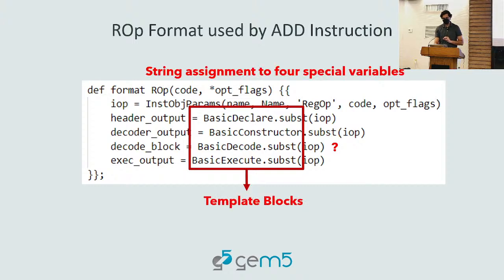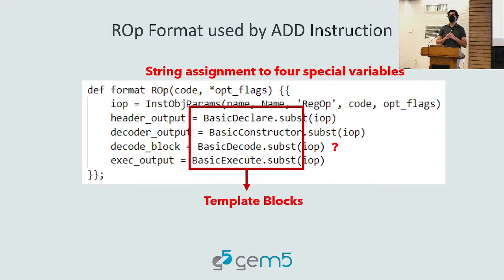Again, as I said, these are template blocks, simply doing string assignments. And what are we passing to these template blocks? We're passing IOP, which is an object which we created at the top of this format block. This is an object of the inst obj params class. You might wonder why that is needed. Usually, you could have just passed any string in this argument, and it would automatically be substituted in the corresponding place in your template.